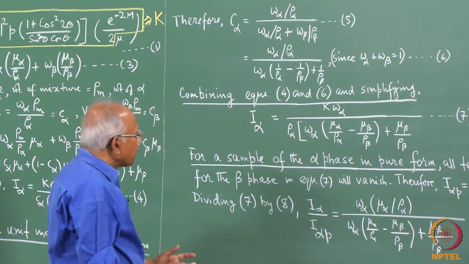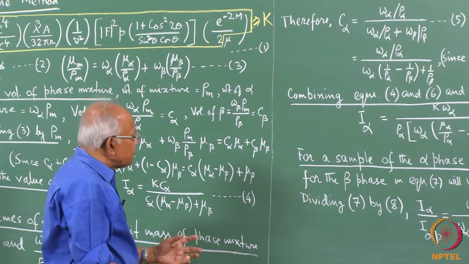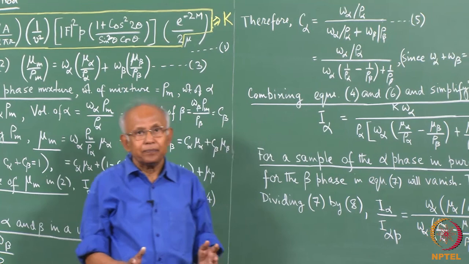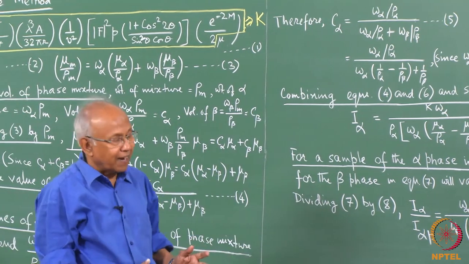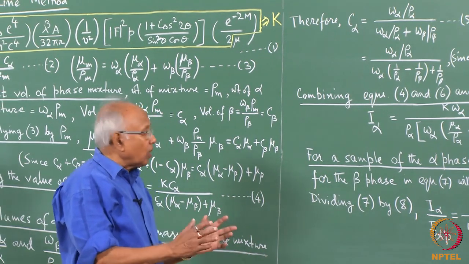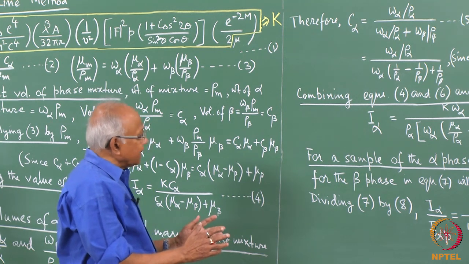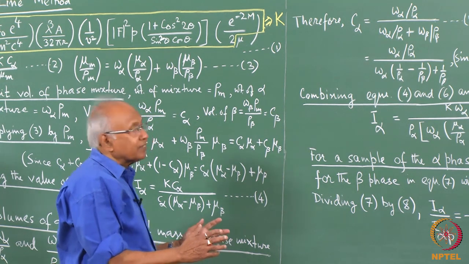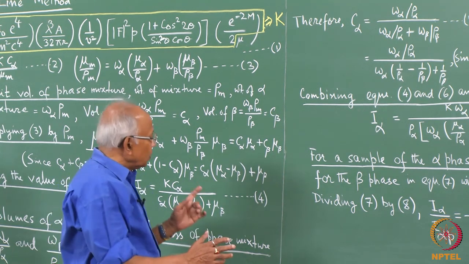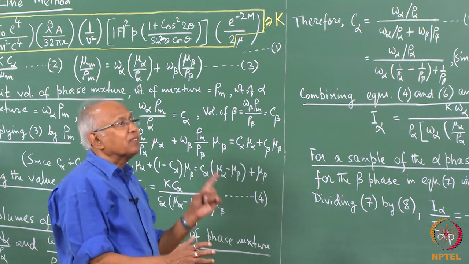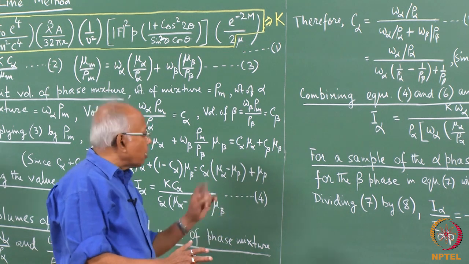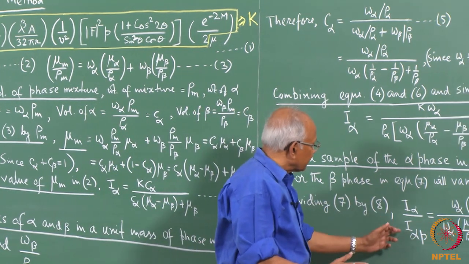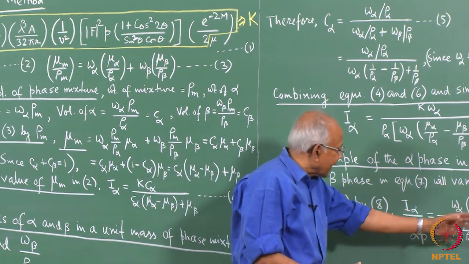So what we can see here is that if we get a phase mixture of alpha and beta, and we concentrate on a particular line of alpha in the diffraction pattern for the phase mixture, and at the same time look at the intensity of the same line in a pure form of alpha, then divide the first intensity by the second, we get an expression like this.